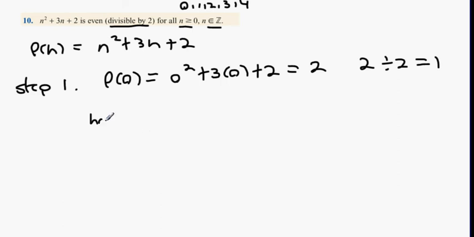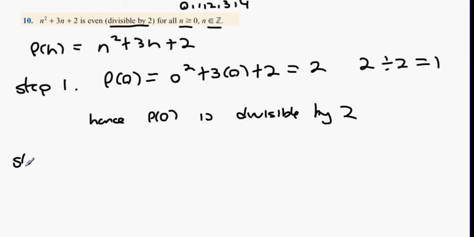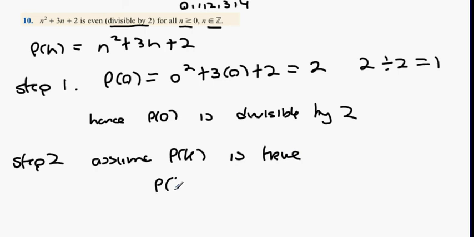So, hence, P of 0 is divisible by 2. Next, step 2 is assume P of k is true, or P of k equals k squared plus 3k plus 2.